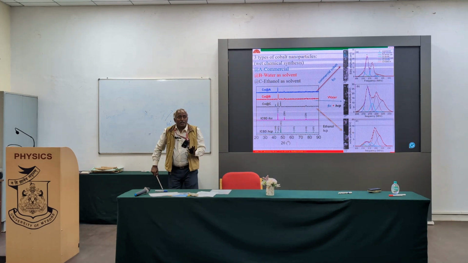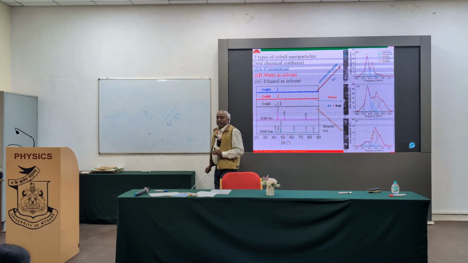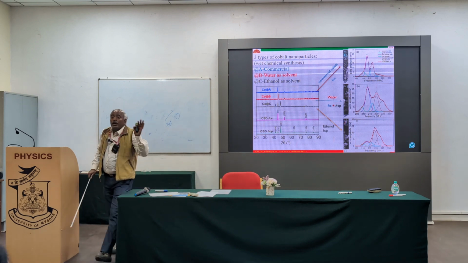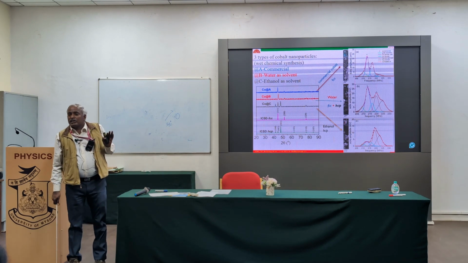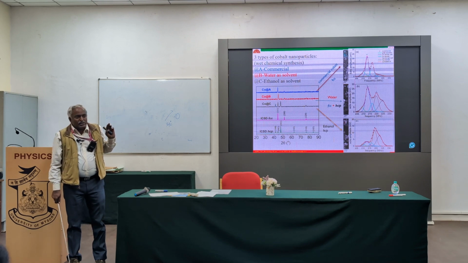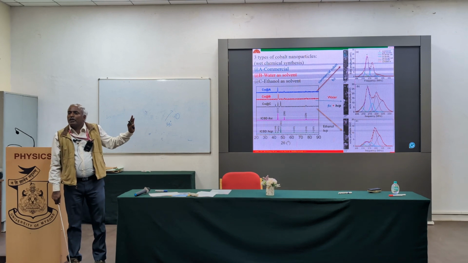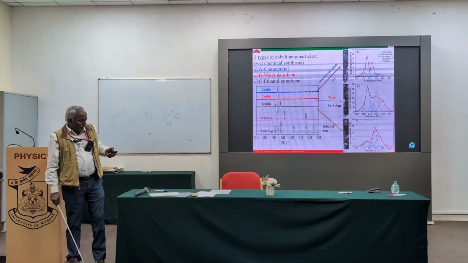The beauty is that with this kind of simulation, deconvolution of the entire spectra, I can quantitatively identify what the percentage of FCC phase is and what the percentage of HCP phase is. That kind of quantitative measurement, cation distribution, can be done using this technique.